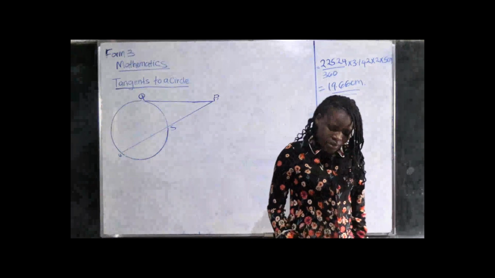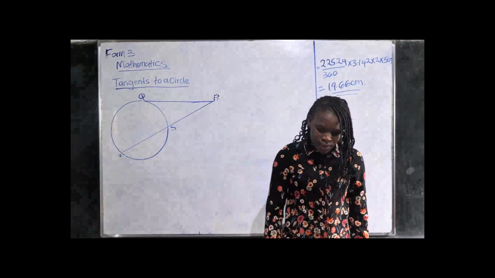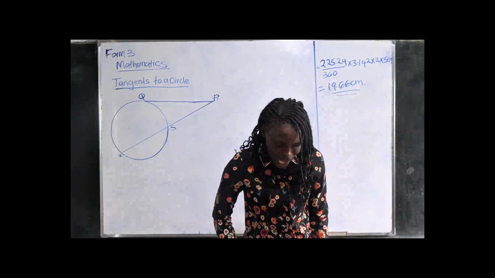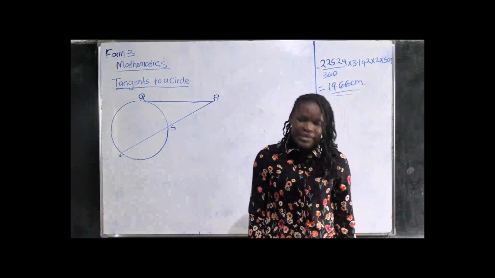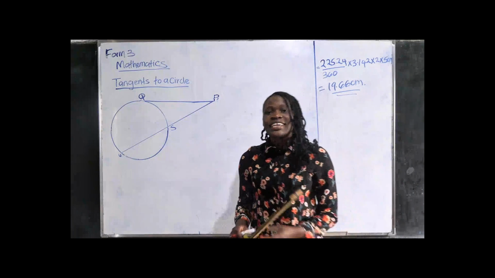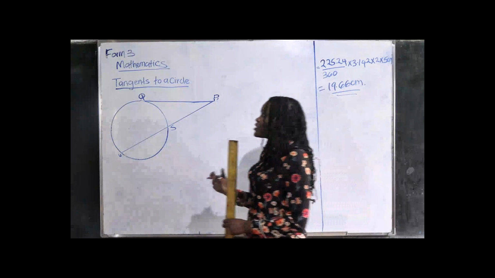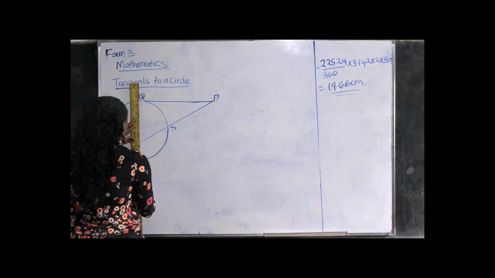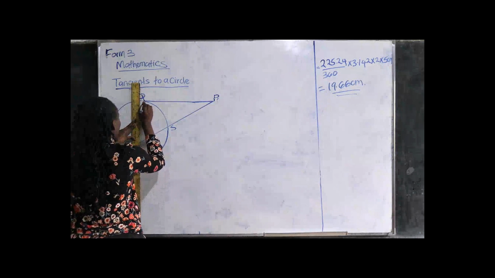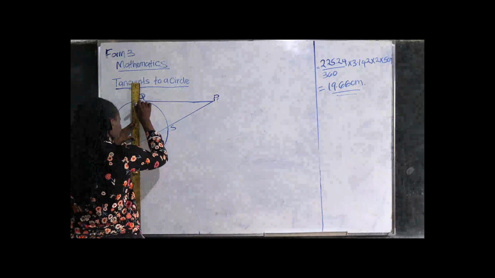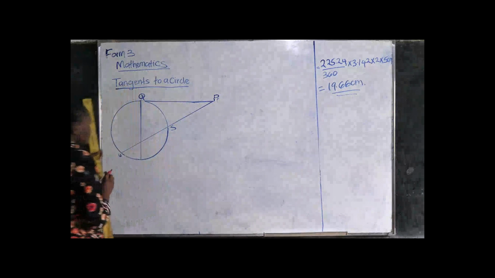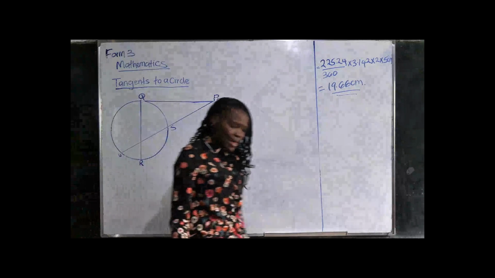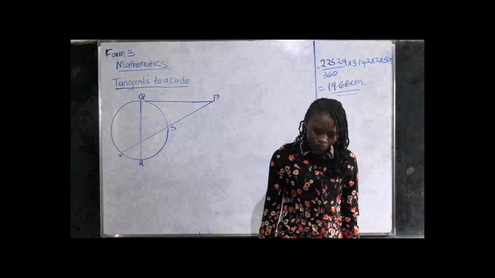We are told QR is the diameter of the circle. And we know that the diameter of a circle is just a kind of chord that divides the circle into 2. Here is where we had our Q. So that is QR, which is the diameter of the circle.